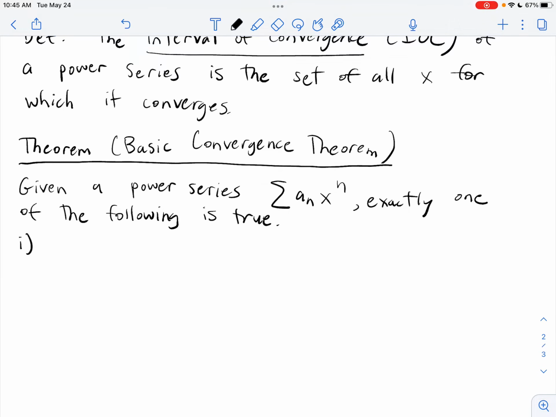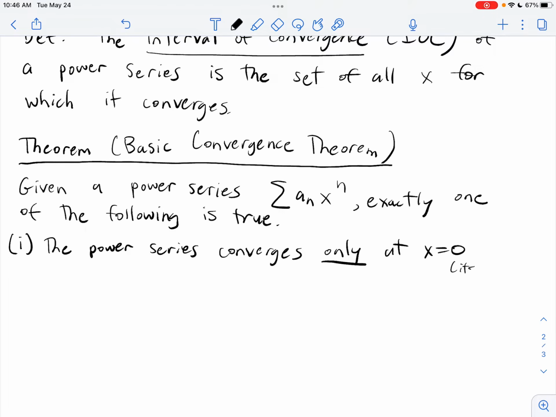So first, the power series converges only at x equals 0, which remember means its center. Okay, so that's the first case. The second case, the power series converges for all real x.